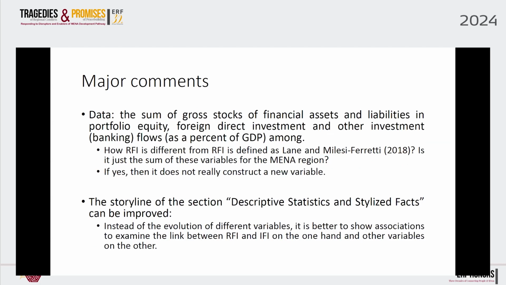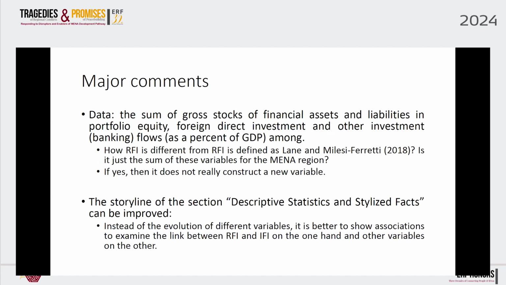Regarding the data, I didn't really get what is different from what Lane and Milesi-Ferretti do in their paper, because you're basically using their data set, right? At a certain point in the paper, it was mentioned that you construct an index for the MENA region. But it's not really a new index, because at the end of the day, you're using the raw data, but with just a different level of aggregation.